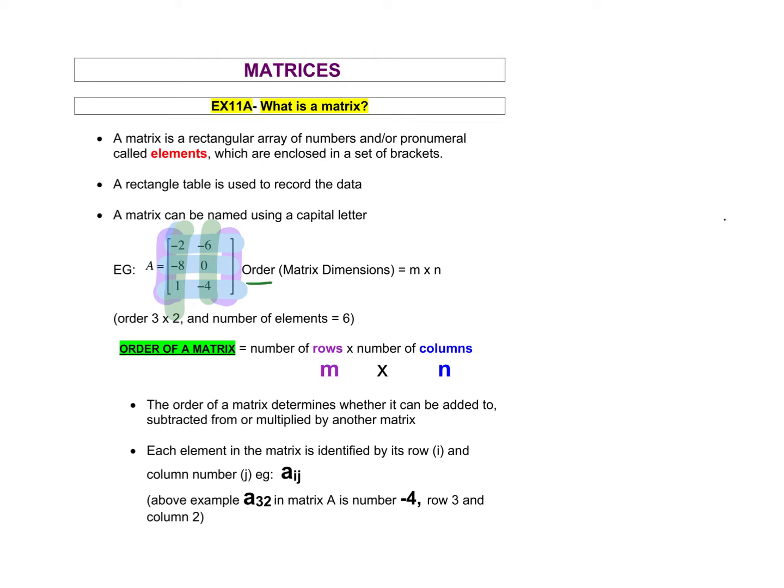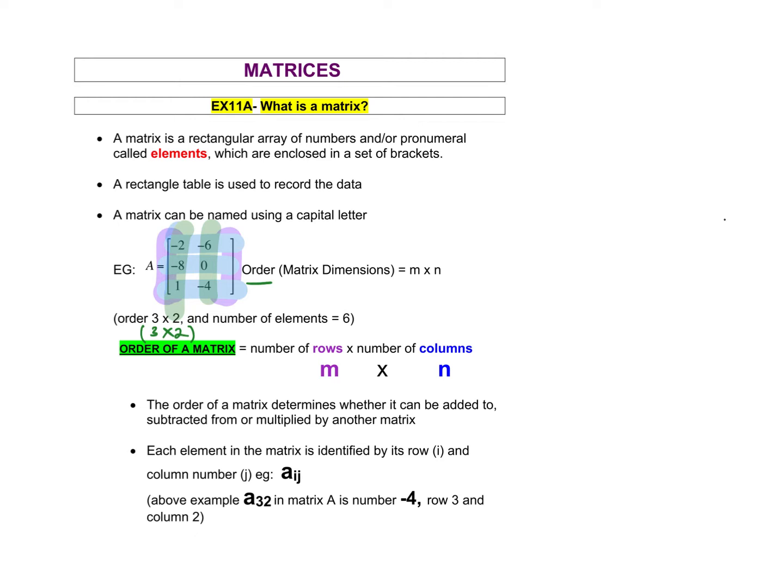The order of the matrix is always the rows by the columns. So this one had 3 rows, and we use the times symbol, by 2 columns. Rows come first, so rows before your bros. Rows versus columns.